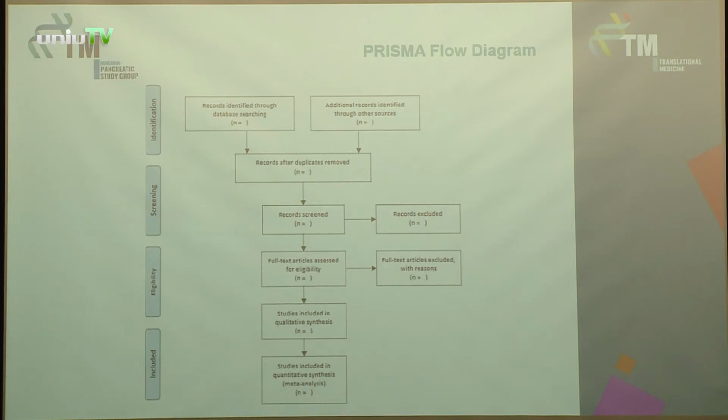And if we finished this process and we have all the articles we need, then we can complete the PRISMA flow diagram, as we can see on this slide. And we can write in the numbers of the different stages in the search strategy.